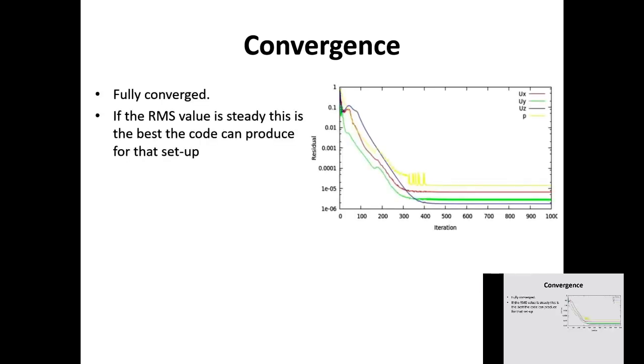So that's a fully converged solution. If your RMS value is steady, you say it is converged. So in this solution also, I would stop somewhere in here. 500 is a very good point to stop.